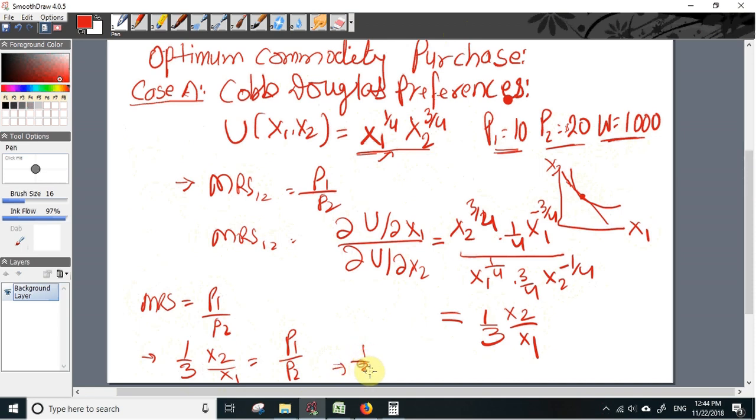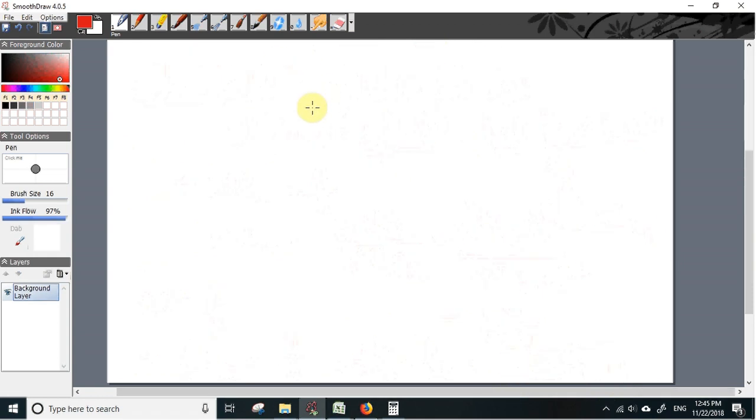So this gives 1/3 x2 over x1 is 10 over 20, and this gives us x2 equals 3/2 x1. So we have the optimal rule as x2 is 3/2 x1.